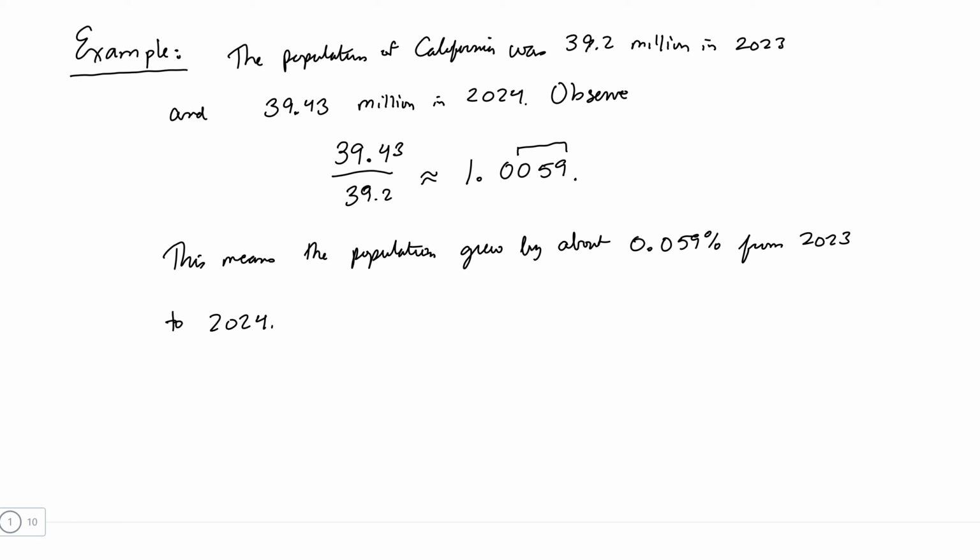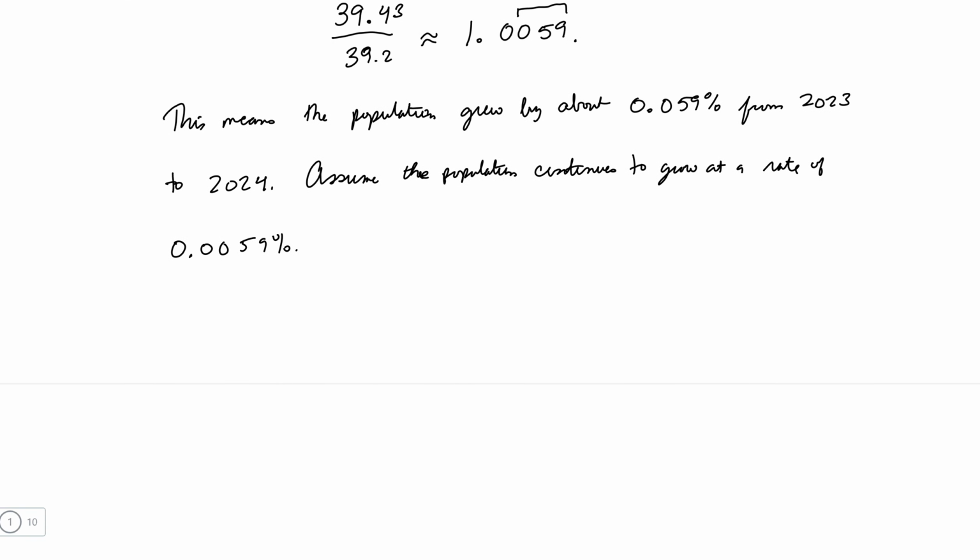So now let's assume the population continues to grow at this rate. So then we can ask ourselves, well, what is the population going to look like each year?